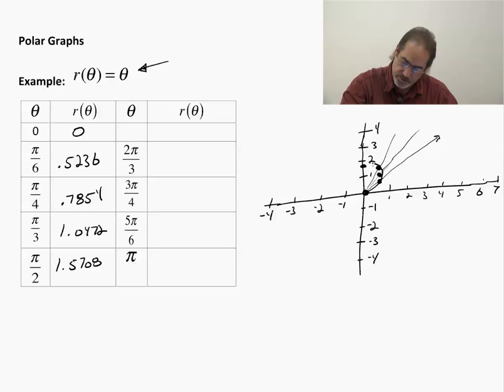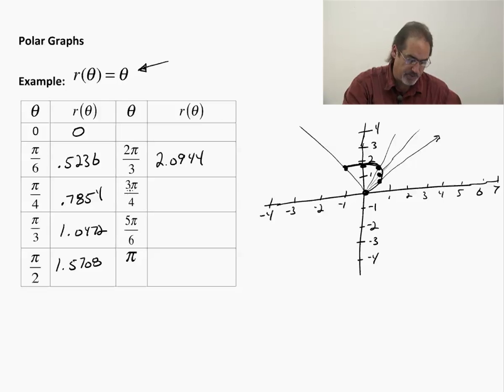It's coming around like this. At 2 pi over 3, well, 2 pi over 3 is going to be 2.0944. So let's see, at another third of a pi, roughly over here, I'm a little bit bigger than 2, so I'm roughly here. Obviously, this is not very well to scale.